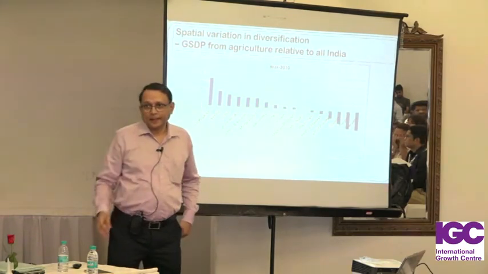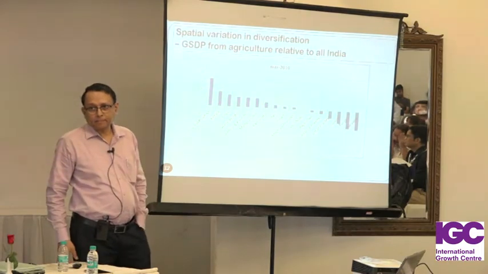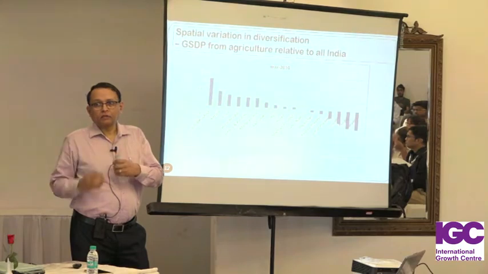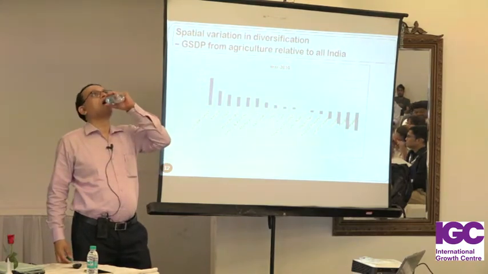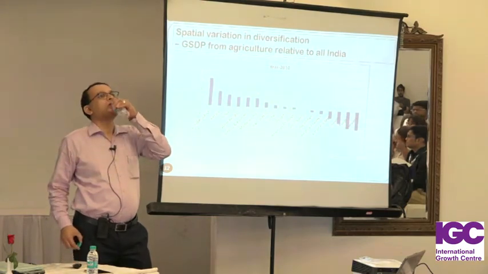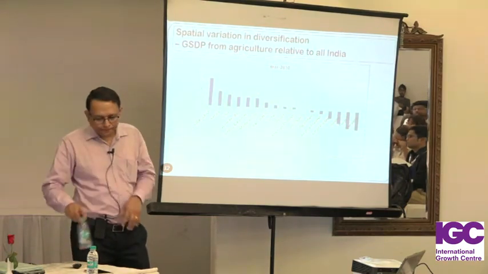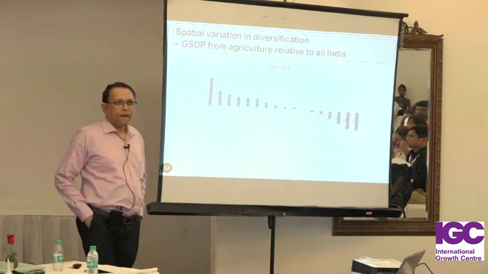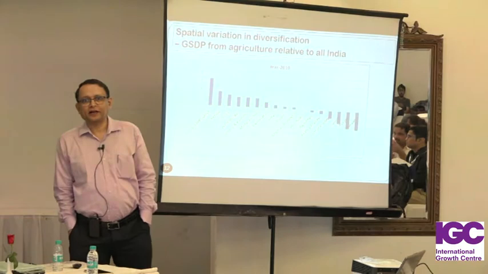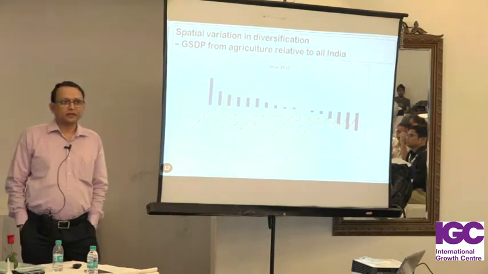Although it looks good that Kerala has higher diversification, the reality is that for Kerala, their paddy cultivation has declined. One of the reasons is availability of labor, and they depend on other states for that staple rice. What is wrong with that? What is wrong if Kerala depends on, say, Tamil Nadu or Andhra for its rice?